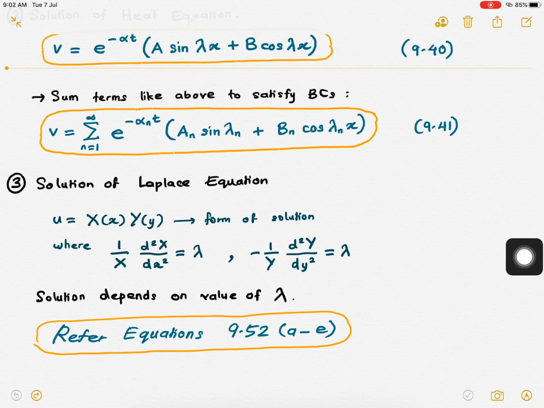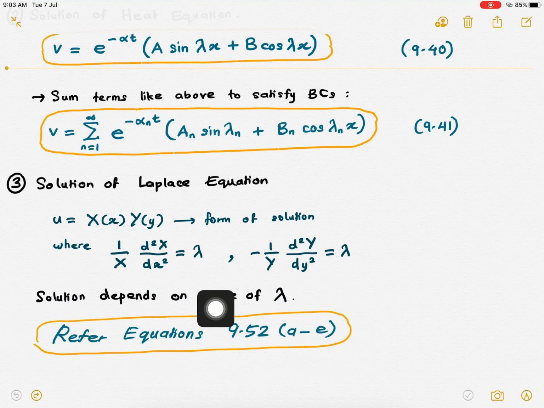Actually, there are equations for the solution of the Laplace equation. You can refer to the advanced mathematics book, equation 9.52 A to E. Those are the equations that you need to remember.